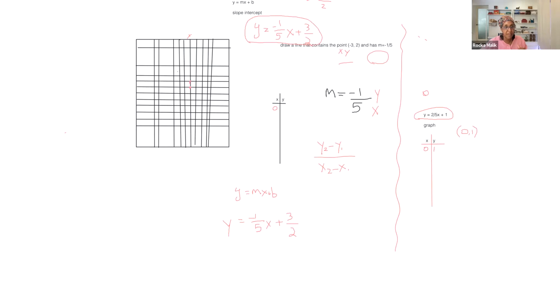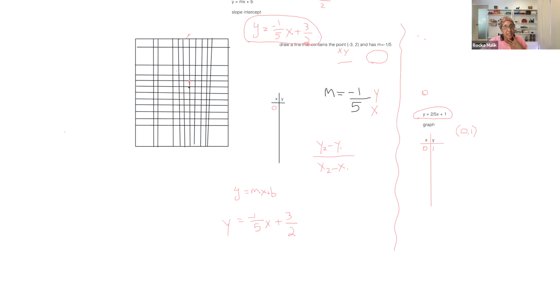Let me put this in the box. So you know this is the origin. Okay, so that's 1 point, and now I can get another point, or I can move the way the slope tells me to move. What's your choice?